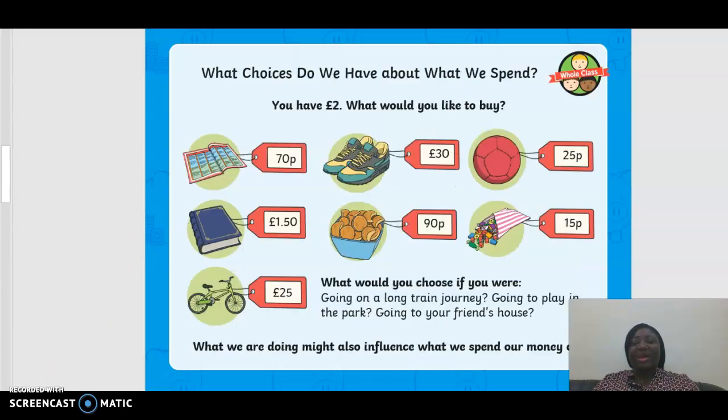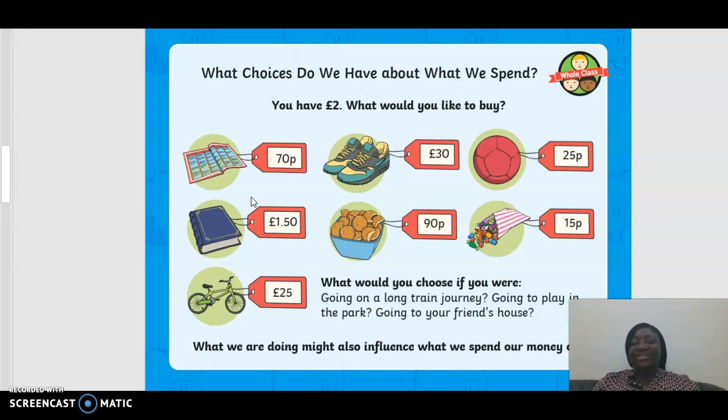Now, let me take you to what we've got in the curriculum. I haven't shown you the currency of the UAE. In your task that you'll be showing me on your receipt, you have the British money, the currency used in Britain, that will help you to decide and make a choice between what to buy, and you will keep a receipt of what items you have bought after completing your activity.